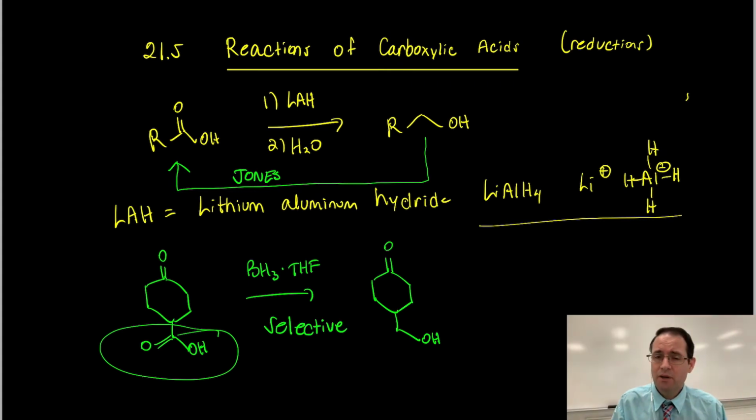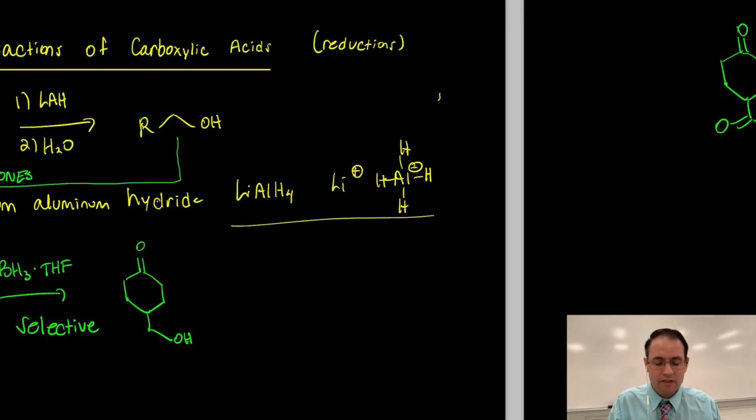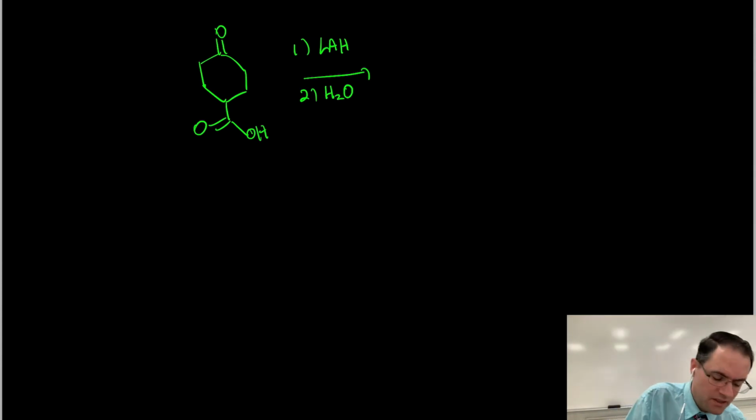If I treated this molecule with lithium aluminum hydride, what would I get? I would get reduction of the ketone and the carboxylic acid. If I tried to reduce the amount of lithium aluminum hydride, I would just end up with mixtures of things.